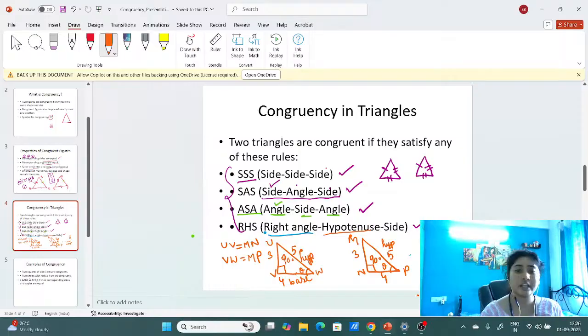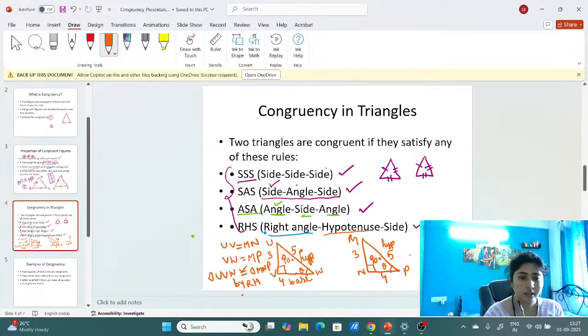If they have a right angle, if they have hypotenuses of the same length, and if they have one more side of the same length, then we will say that these two triangles are congruent by RHS. So here I can write triangle UVW is congruent to triangle MNP by RHS.